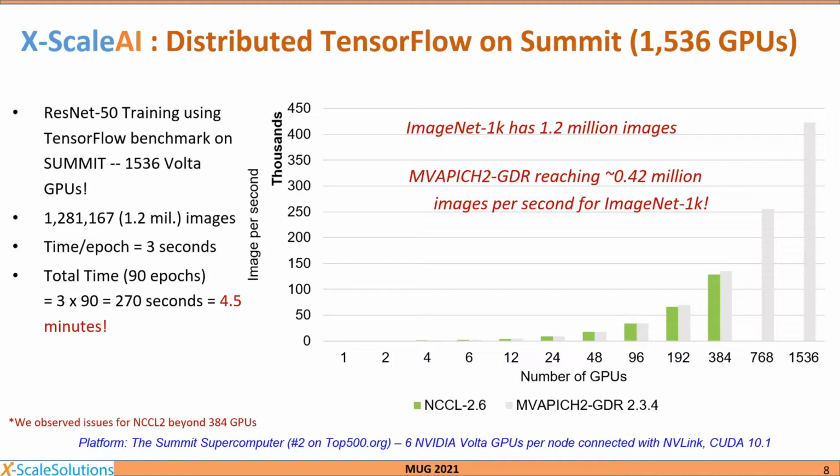Every time you double the resources, you almost double the performance, from the images-per-second perspective. This holds all the way up to 1600 GPUs. As a result, the overall execution time is cut down significantly. For 1.2 million images, we can do it in less than 5 minutes.